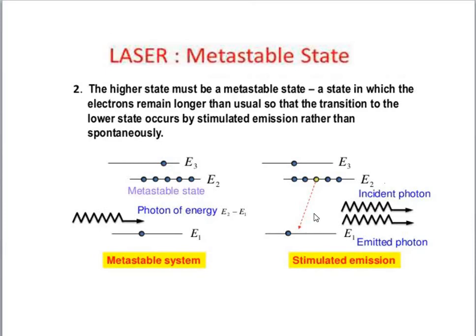This is the incoming radiation, and the energy difference between these two is also emitted. So this is a more intense radiation. This is the laser ray coming out from this state. This transition is a stimulated emission, and this will produce a laser beam, and that is the importance of a metastable state.